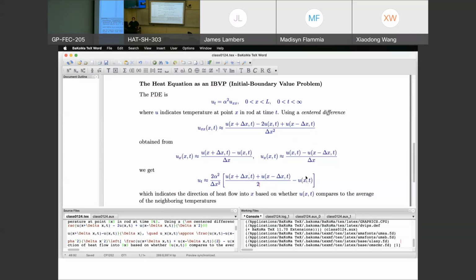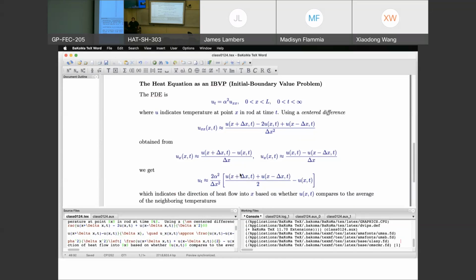Now, if u of x, t is greater than this average, that happens when the function is concave down, which means that uxx is negative. Whereas if the average is greater, that's when u is concave up, so uxx is positive.